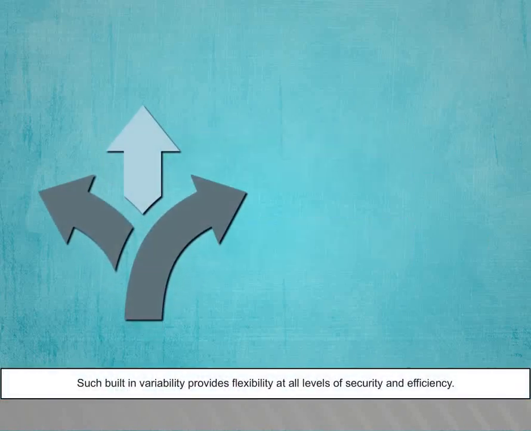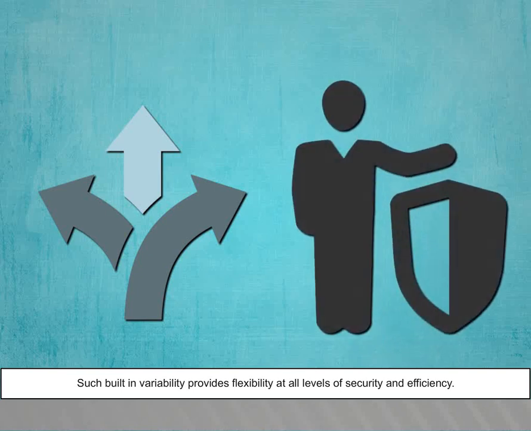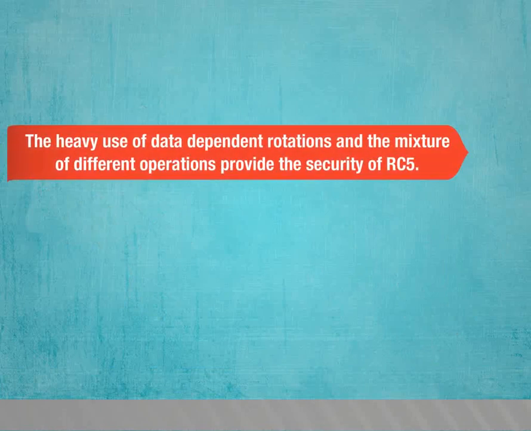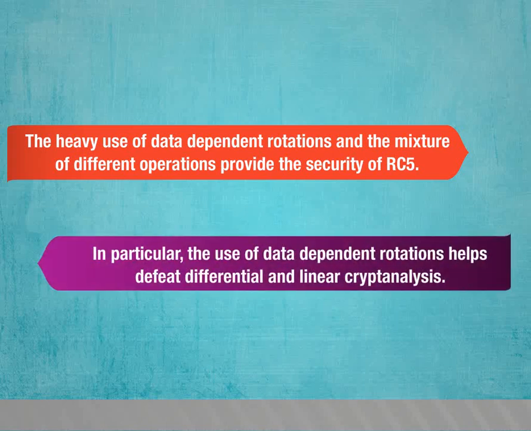Such built-in variability provides flexibility at all levels of security and efficiency. The heavy use of data-dependent rotations and the mixture of different operations provide the security of RC5. In particular, the use of data-dependent rotations helps defeat differential and linear cryptanalysis.